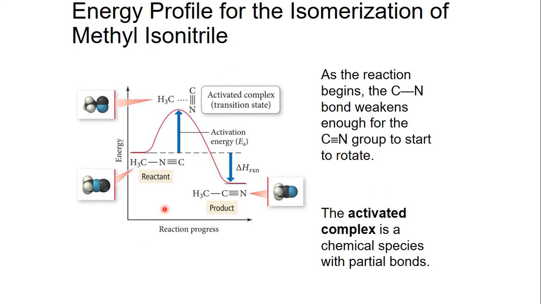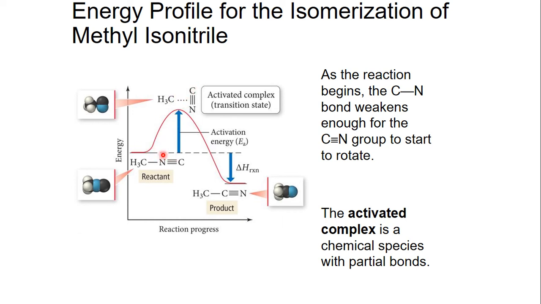And this is what the energy plot looks like for that, where we start with our reactants, and at our transition state or activated complex, our nitrogen has broken from the carbon, and our carbon is beginning to form that new covalent bond.